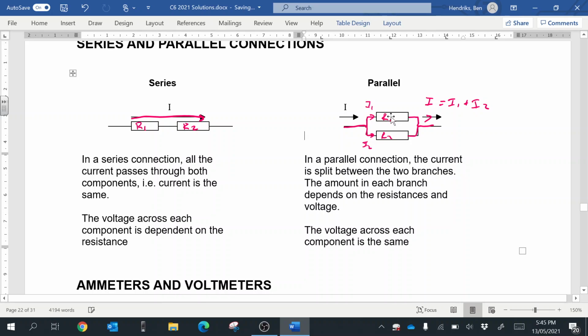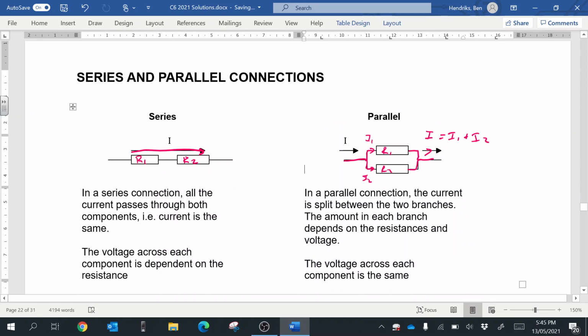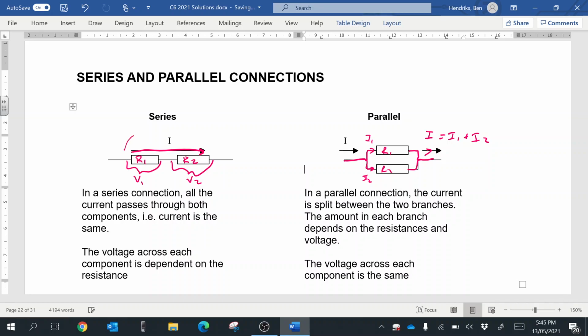The other thing we have to talk about is voltage. If we measure the voltage across each resistor in series, we call them V1 and V2. Then the total voltage, V total, would be equal to V1 plus V2. It's slightly different for a parallel circuit.